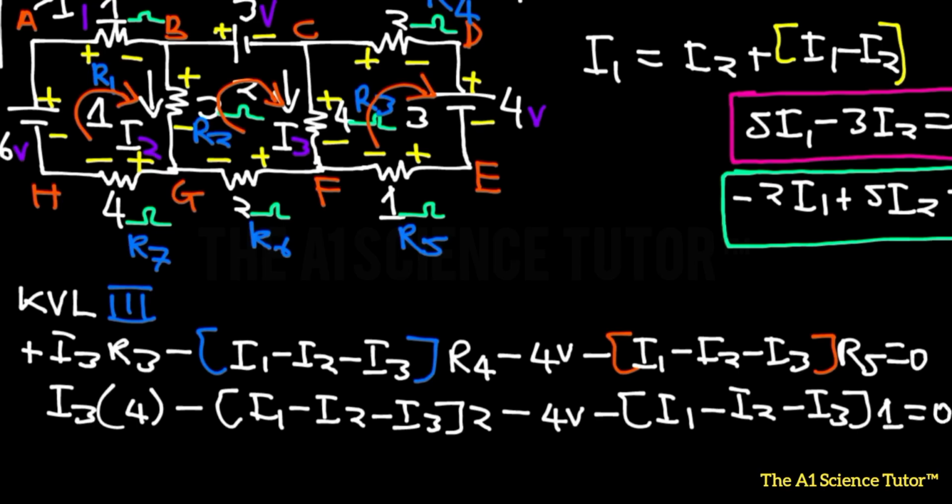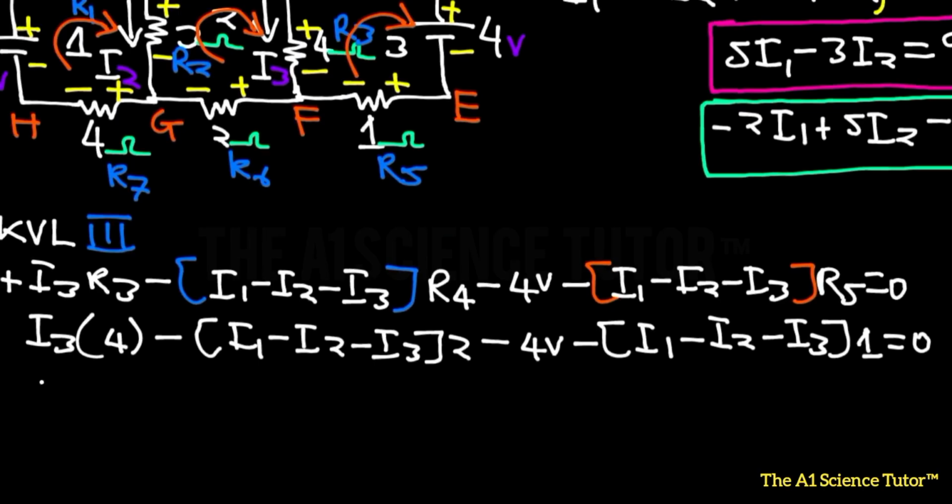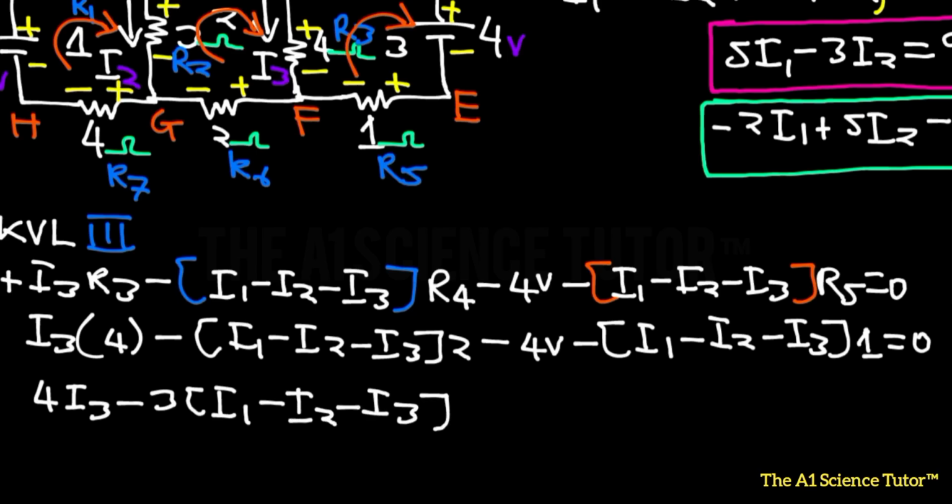This is equal to 0. Here we have -2 multiplied by this bracket minus 1 multiplied by that bracket, so that gives us -3 multiplied by the bracket. So this is 4I3, and then -3 multiplied by the bracket I1 minus I2 minus I3. That bracket is closed.